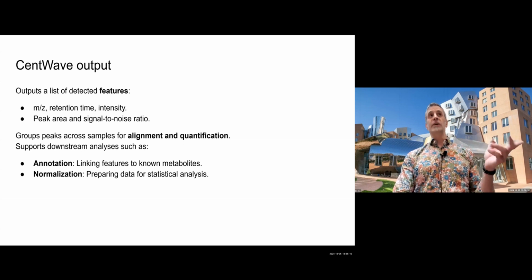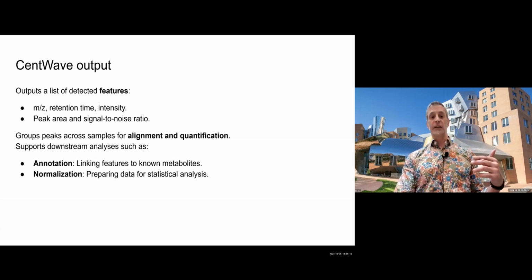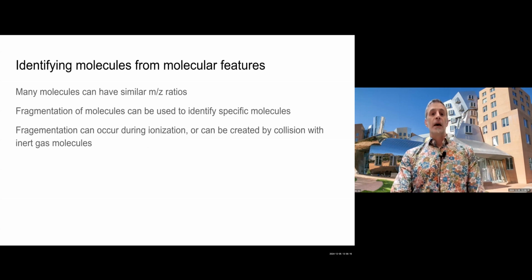We want to be able to take some of those features and then identify what metabolites those are. And so there are a few problems with that. First, there are many different molecules for most M over Z ratios.